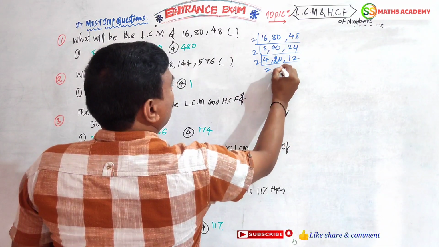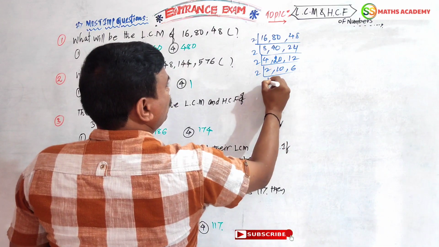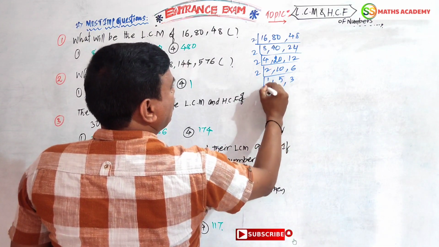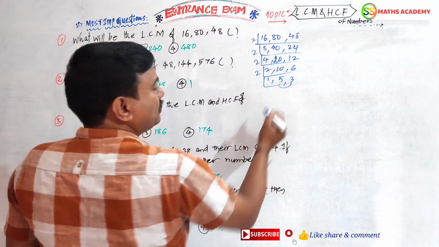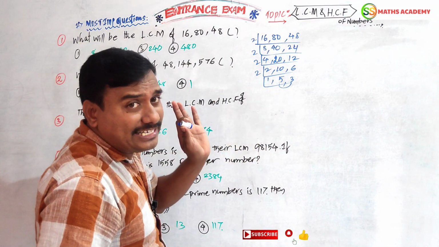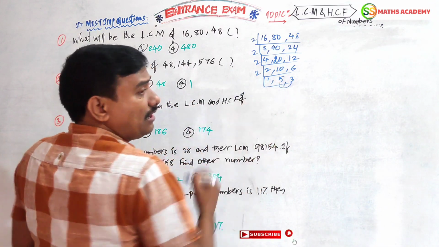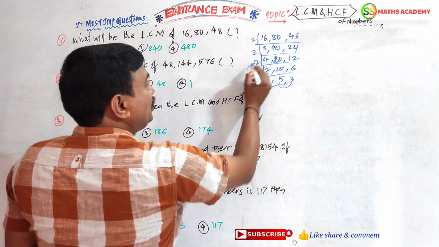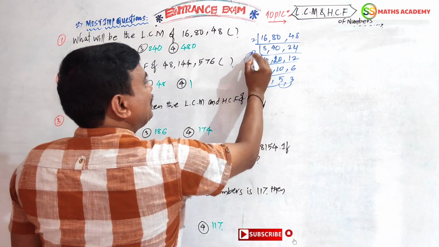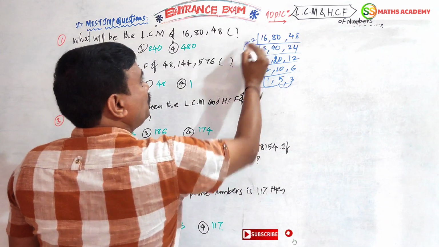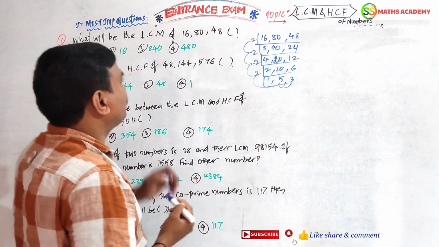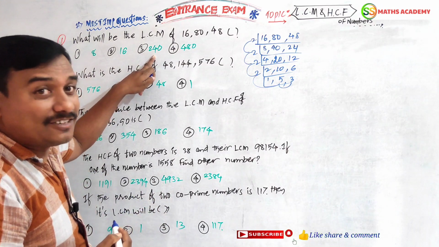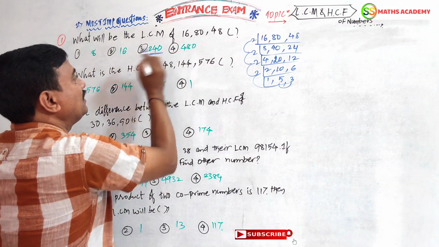Again 2 fours are 8, 2 twenties are 40, 2 twelves are 24. Again 2 twos are 4, 2 tens are 20, 2 sixes are 12. Again 2 ones are 2, 2 fives are 10, 2 threes are 6. Now 3, 5, 2 is enough, because we are getting prime numbers. Stop it. 3 fives are 15, 15 twos are 30, 30 into 2 is 60, 60 into 2 is 120, 120 into 2 is 240. Got it? This is the answer.